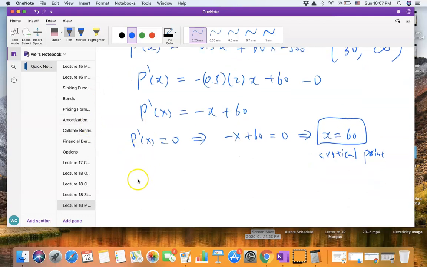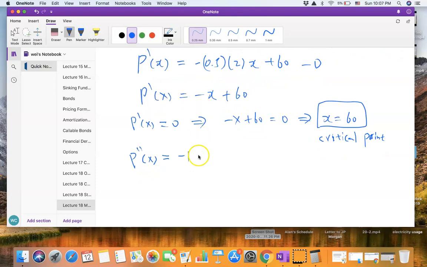If we use the second derivative test, we take the derivative again. The second derivative is negative 1. This second derivative is constant, a negative 1, which is less than 0.